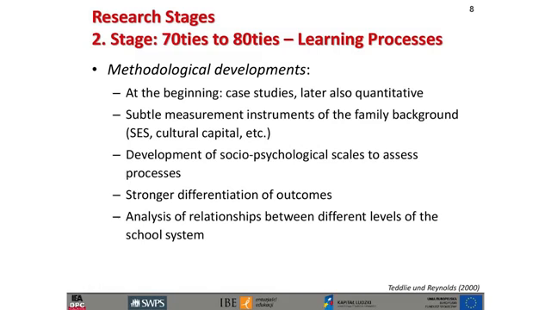There was also a development of more subtle measurement instruments of family background, such as socioeconomic status and cultural capital. Another development is socio-psychological scales to assess processes, and stronger differentiation of outcomes. Also, analysis of relationships between different levels of the school system, which I mentioned before: the school, classroom, and individual level.